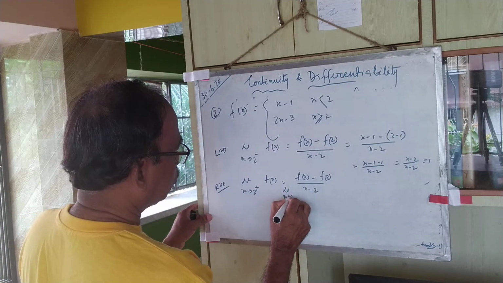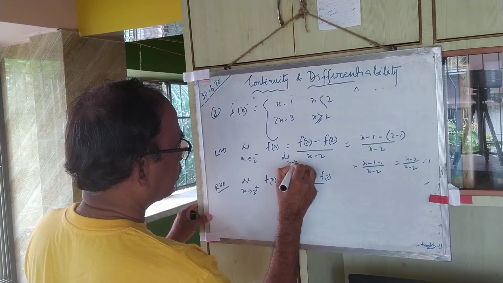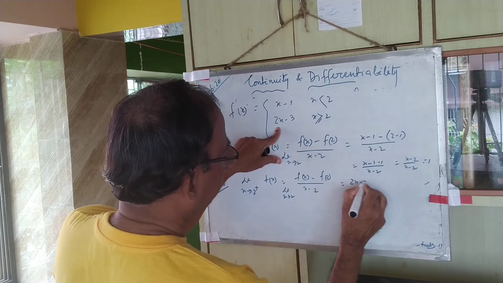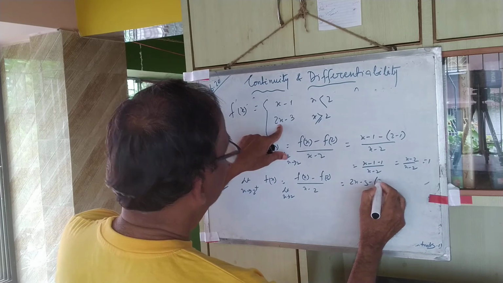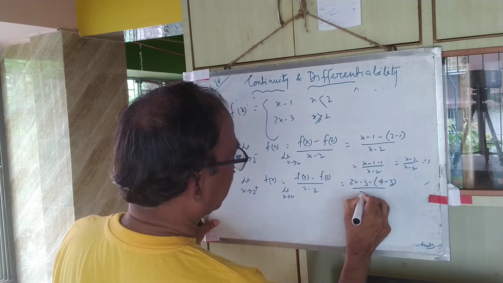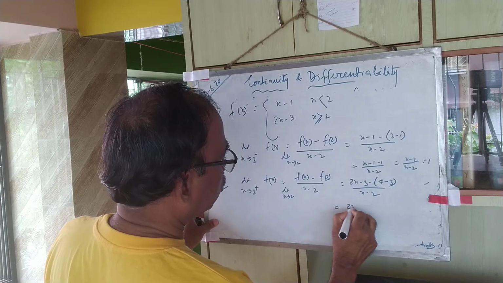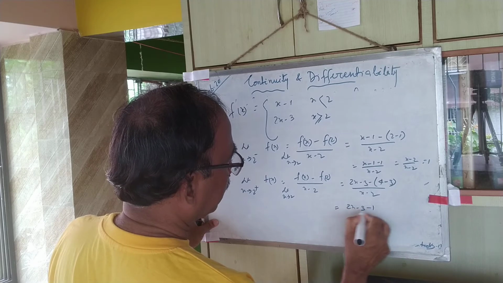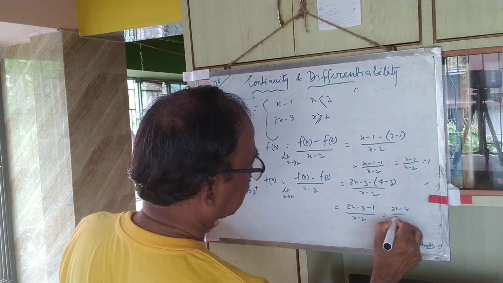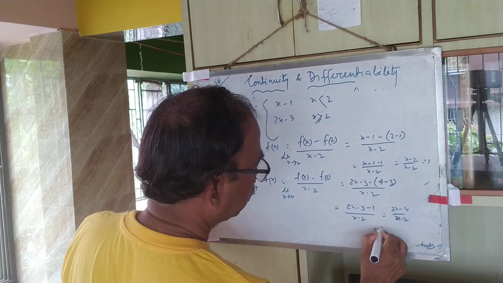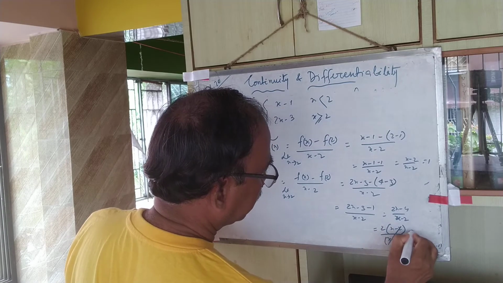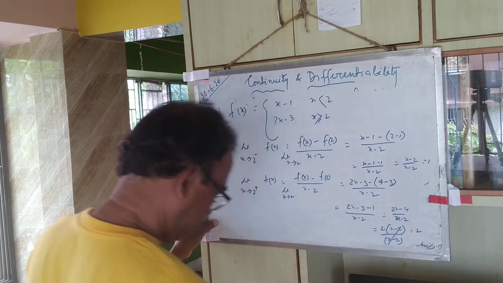Limit x tends to 2, f(x) minus f(2) over x minus 2. Here we take 2x minus 3 minus f(2), which is 1, over x minus 2, that is 2x minus 4 over x minus 2, that is 2(x minus 2) over x minus 2, that is 2.